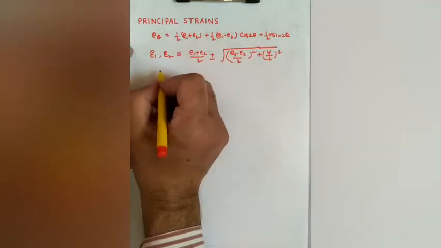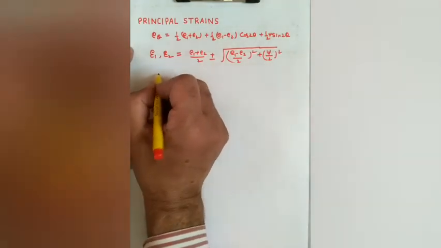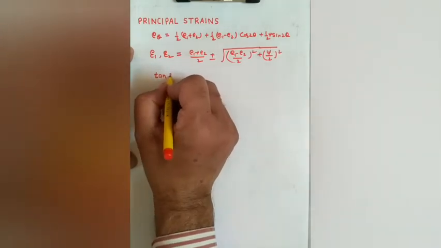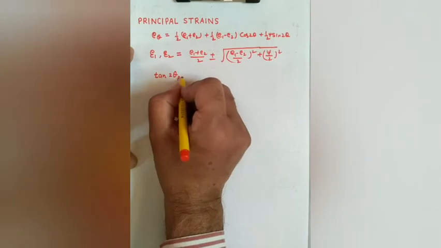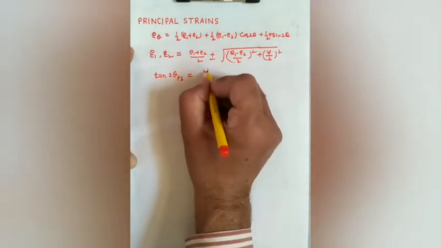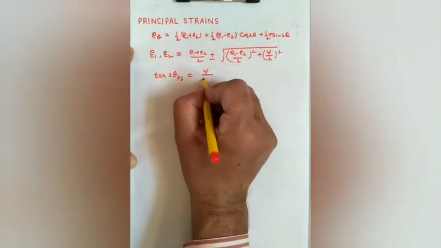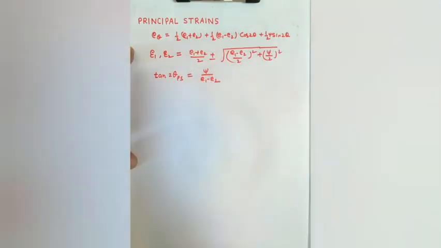And the direction of the principal strains is such that tan 2 theta ps is equal to psi upon (E1 minus E2).